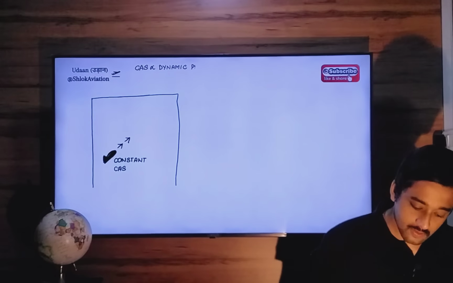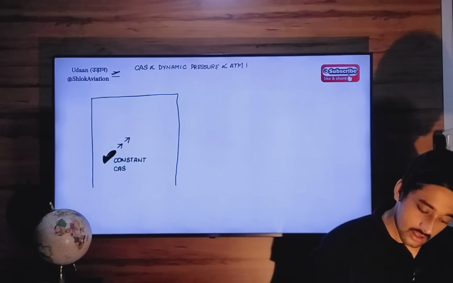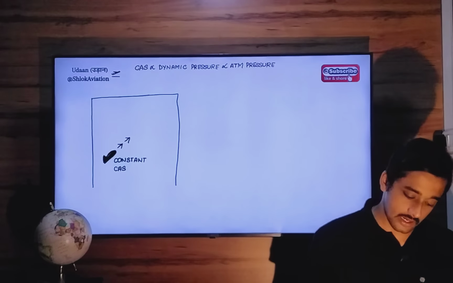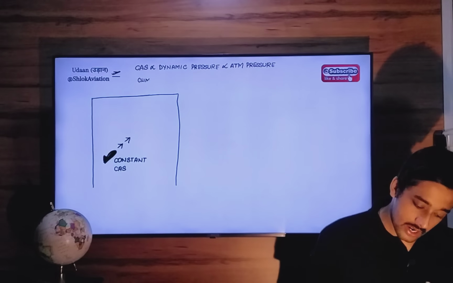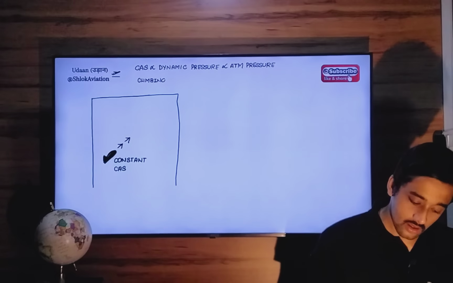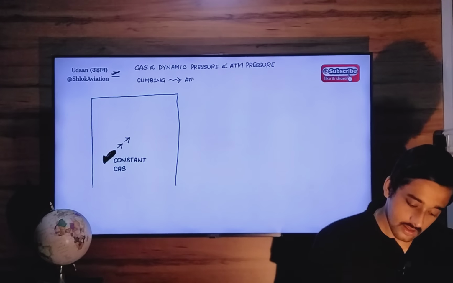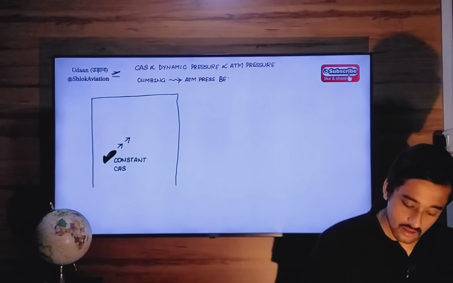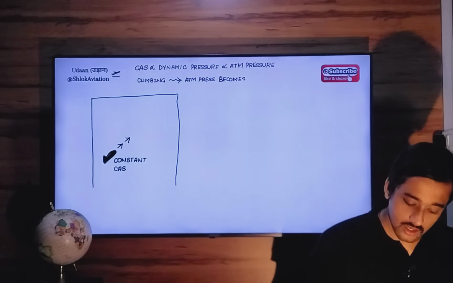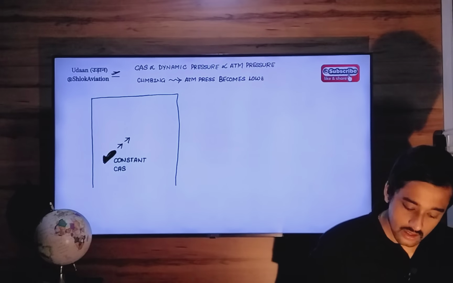Now dynamic pressure is part of atmospheric pressure. When we climb to higher and higher altitudes, we enter parts of the atmosphere where atmospheric pressure becomes lower and lower.